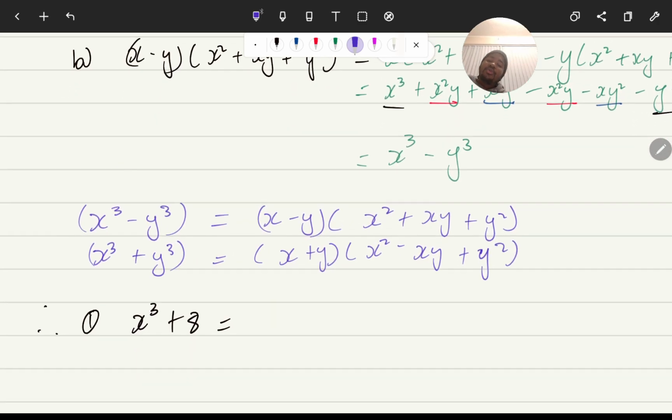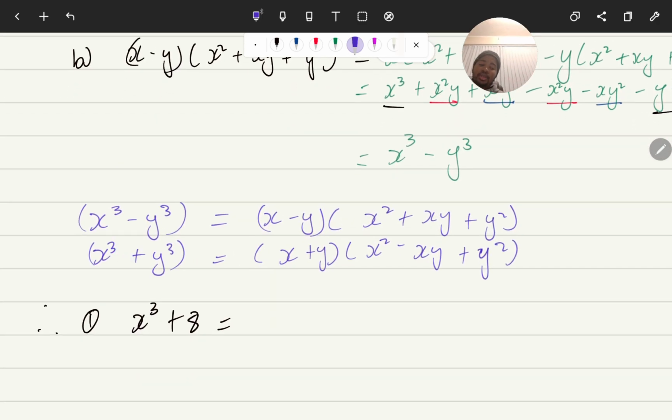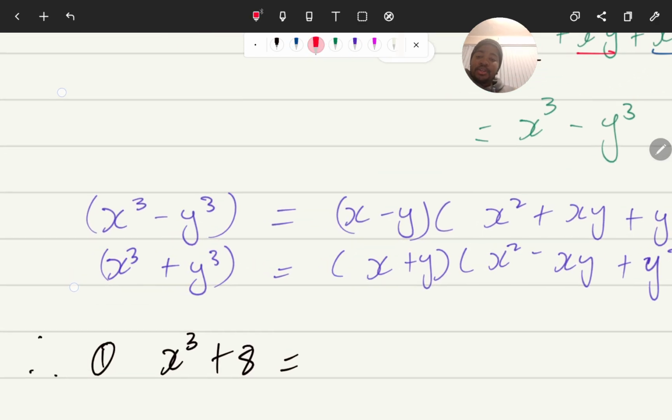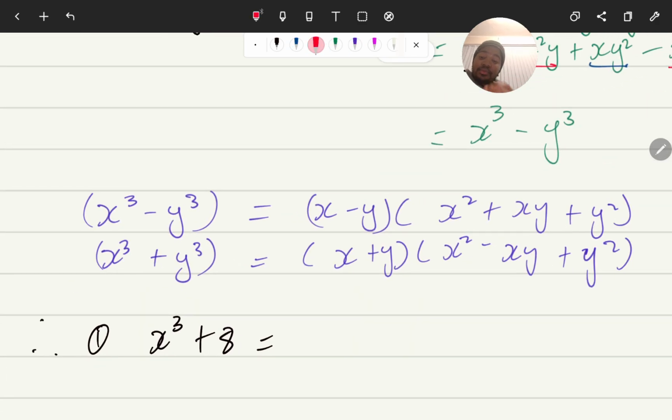So now when you have something like this, a cubic expression, whether it's a difference of cubes or a sum of cubes, this is how you'd factorize them. And one way in which you could memorize them is, let's take a look. For the difference, okay, before the difference, just take a look.